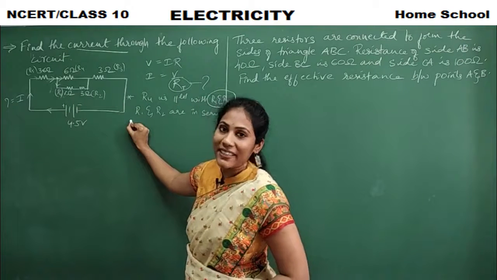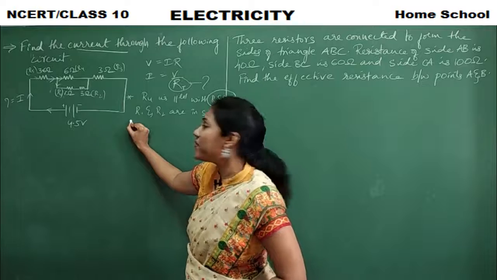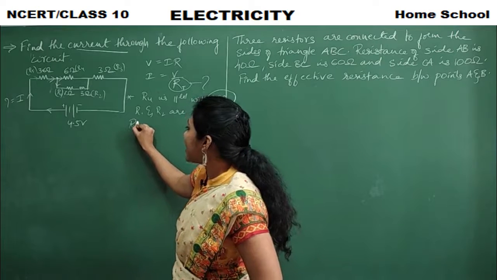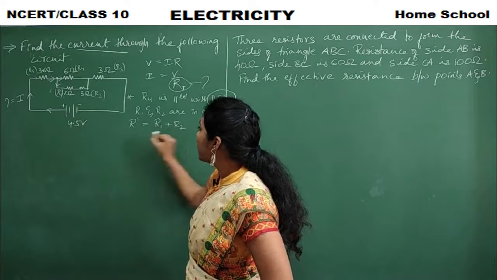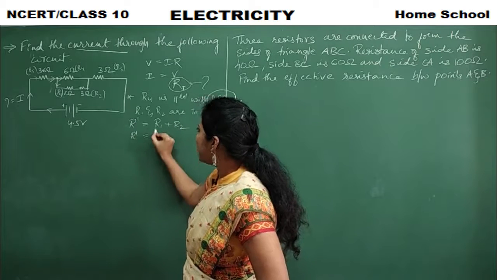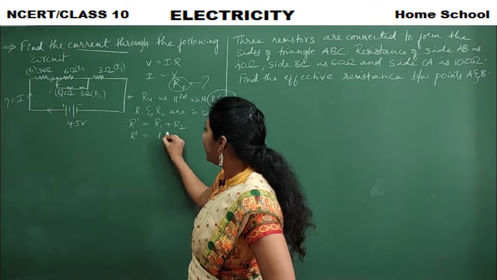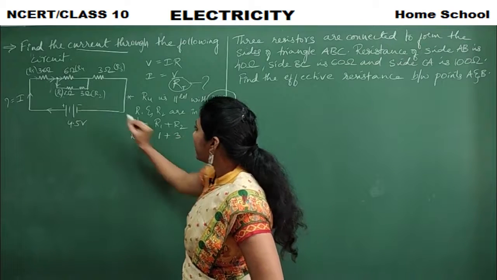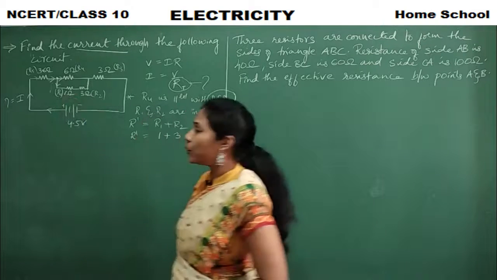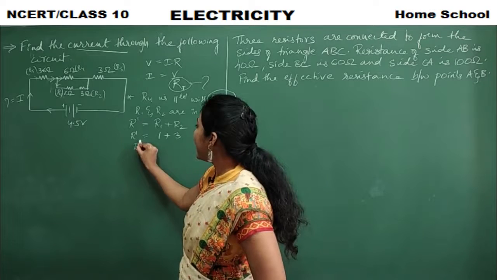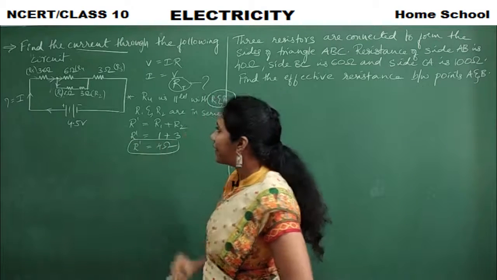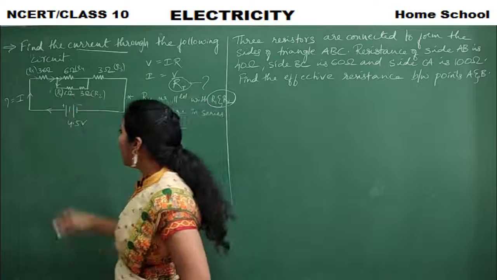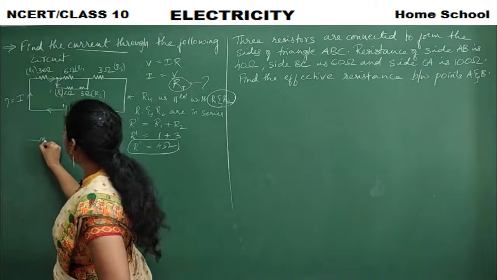So how do you find resistance in case of series combination? Let me take it as R dash is equal to R1 plus R2. So R dash is equal to, what is R1? 1 plus 3, right? 1 ohm is R1, R2 is 3 ohm. So R dash is equal to 4 ohm. Right? So I combined. So now you draw the circuit diagram.